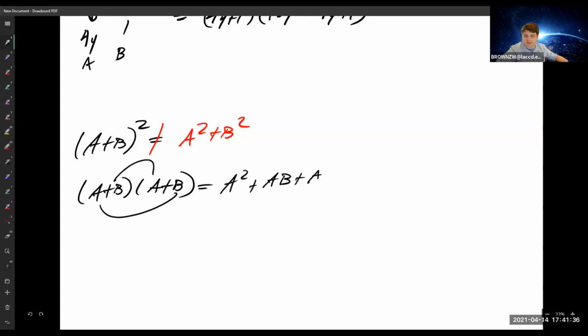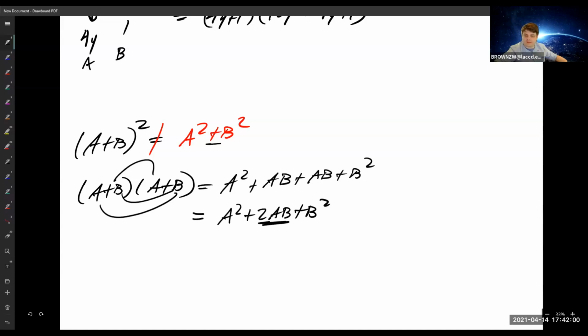Inside here would be a times b. And then the last term would be b squared. So if we combine our like terms, we get a squared plus 2ab plus b squared.